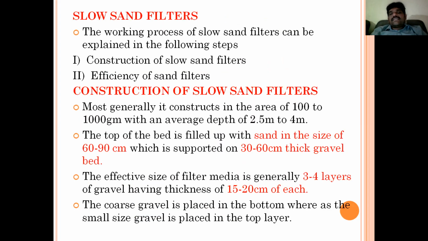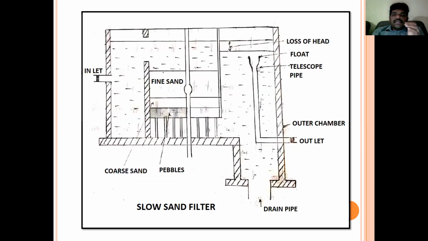The working process of slow sand filters can be explained in 2 steps. Construction. See here, the top layer is sand of 60 to 90 centimeters, supported by a 30 to 60 centimeters thick gravel bed. In most cases, the gravel layer will be placed in 3 to 4 layers of 15 to 20 centimeters each, with the pebble layers at the bottom.